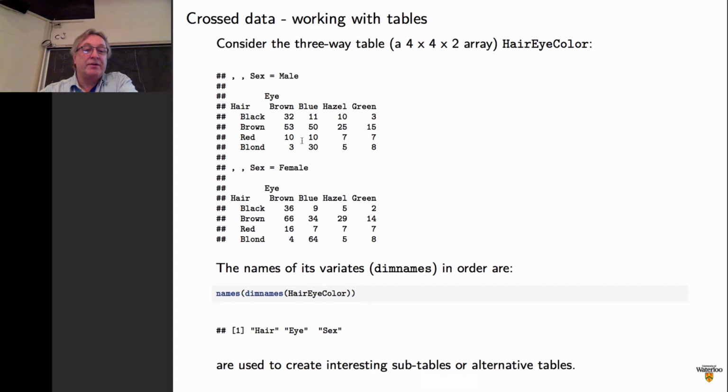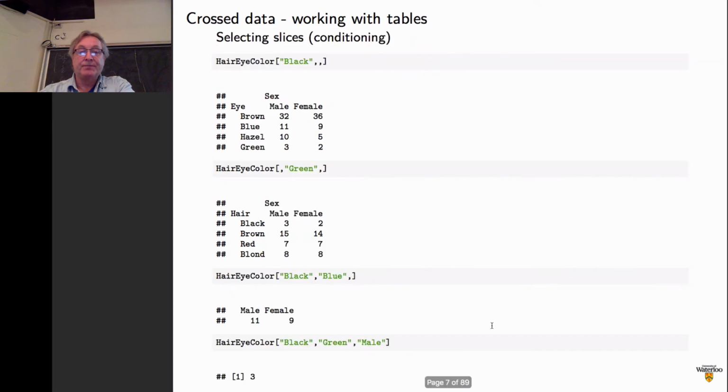Right, so these are the students we looked at before, the students that have their hair color and their eye color, and then what sex they are. So hair color varying fastest, then eye color. So first, second, and the third one is the sex. And you can get the names, this is the names of the dim names, to find out what the variates are. So you might be starting with that kind of table.